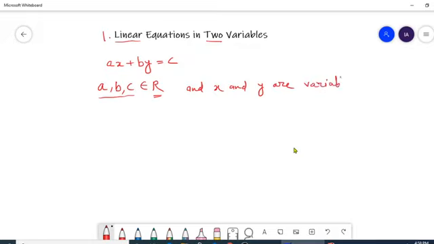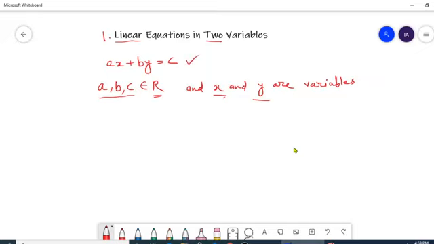Variables means unknown values. So two variables means this equation has two variables x and y. Your equation can have any two unknown variables. It can be m and n, it can be p and q. This is the basic general form of any linear equation in two variables.